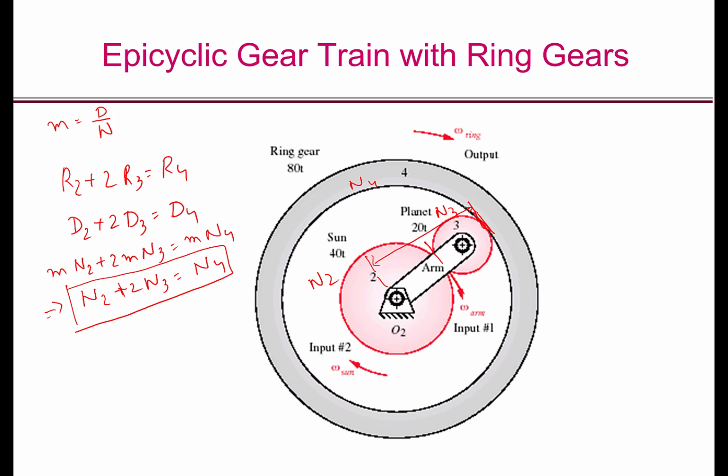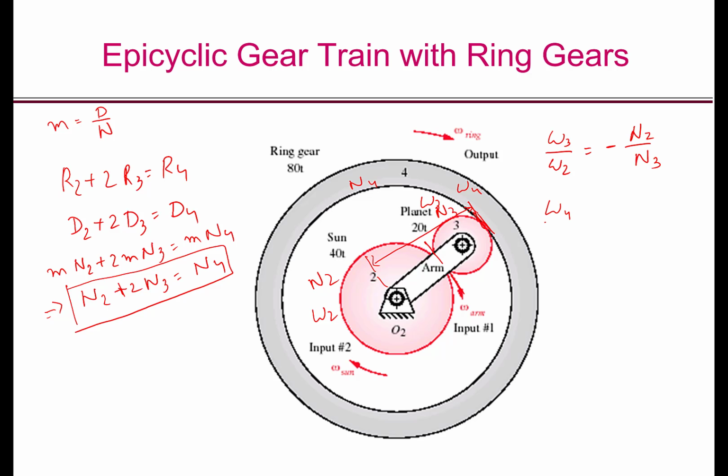Now, as we have seen before, to set up the table for analysis of this gear train, we have to first analyze the gear train when the arm is fixed. Let omega 2, omega 3 and omega 4 be the angular velocities of the sun, planet and ring respectively, and assume that the arm is fixed. Then omega 3 by omega 2 equal to minus N2 by N3.